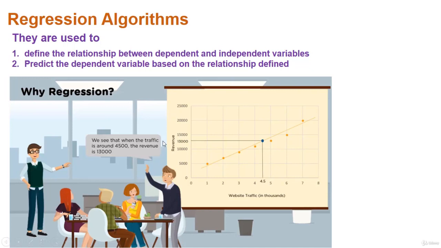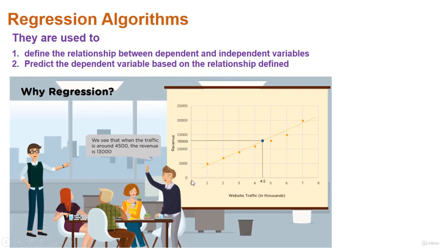Why? Because we have a dependent variable, which is revenue, which depends on the website traffic. When this is plotted on a graph, the dependent variable goes on the y-axis and the independent variable goes on the x-axis, so you can predict the dependent variable based on the independent variable.